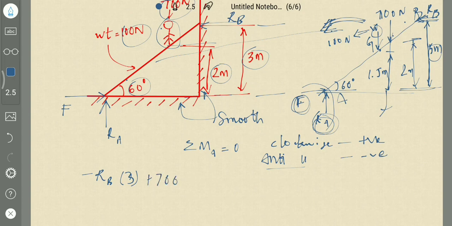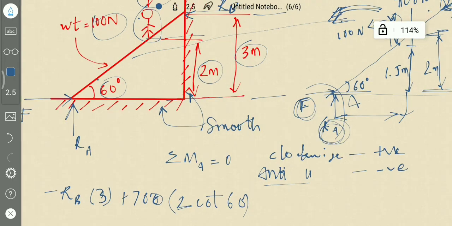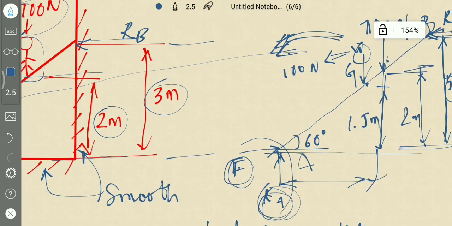700 newton is acting downwards, and it tries to turn the ladder in clockwise direction, which means positive. 700 into this distance. This is 2 meters, which will be 2 cot 60, because the distance from this point to this point is 2 meters, right?